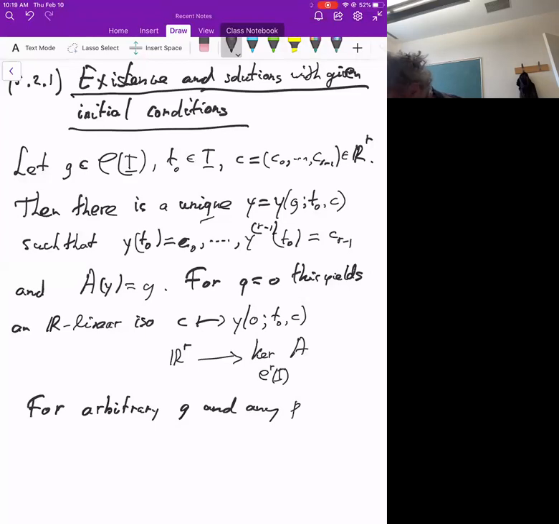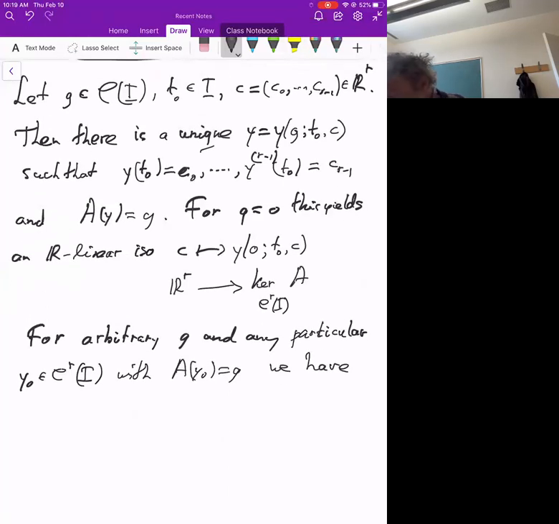And in particular, for y0 in C^R(I) with Ay0 equals g, the entire set of solutions is simply a translate of y0 by all the elements in the kernel: y0 plus the kernel.